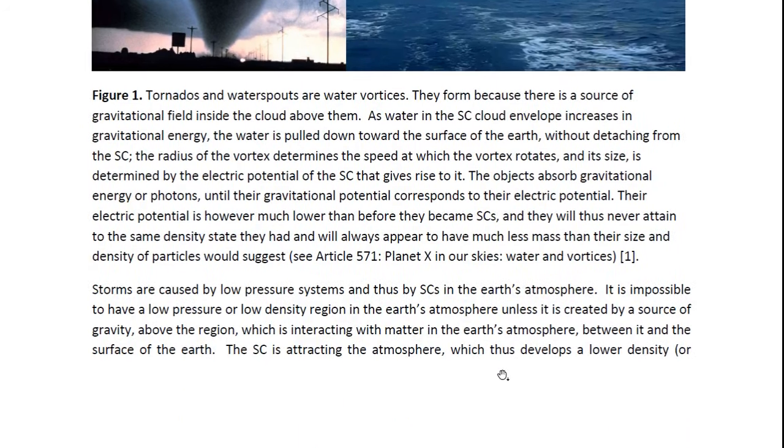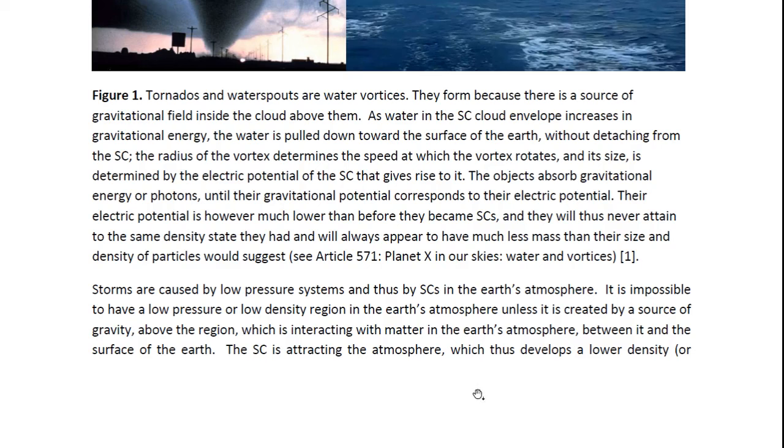details. Now, storms are caused by low pressure systems and thus by stellar cores in the Earth's atmosphere. It is impossible to have a low pressure or a low density region in the Earth's atmosphere unless it is created by a source of gravity above the region, which is interacting with matter in the Earth's atmosphere between it, the object, the stellar core, and the surface of the Earth.